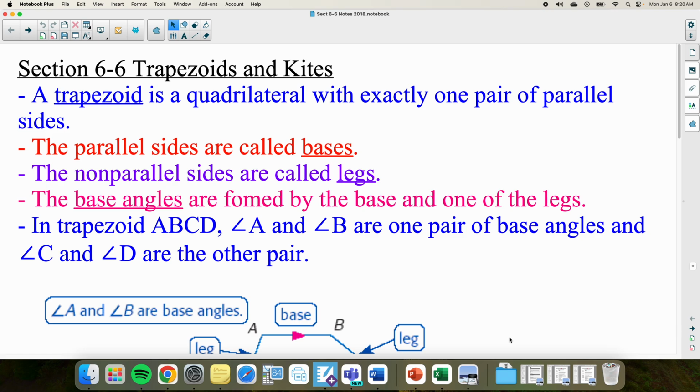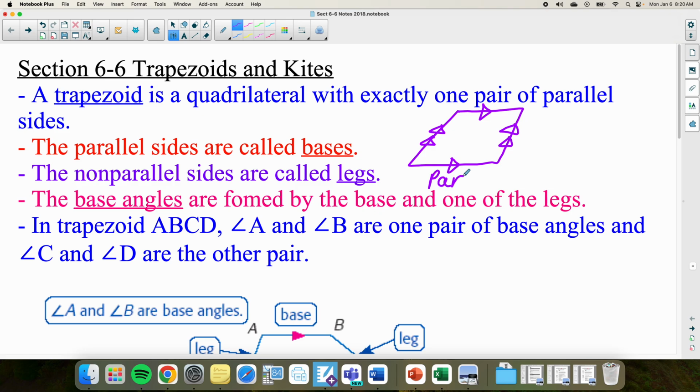All right, so first of all, we have to talk about how a trapezoid is different than a parallelogram. So last week we talked about parallelograms, and a parallelogram had both pairs of opposite sides parallel, okay? That was a parallelogram.